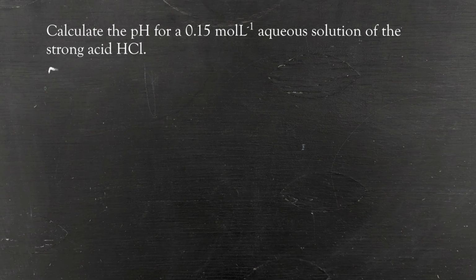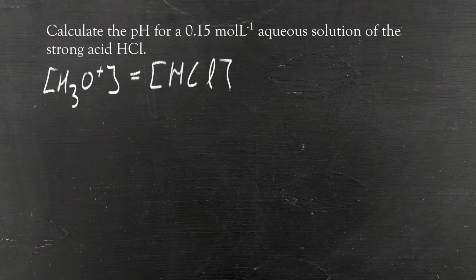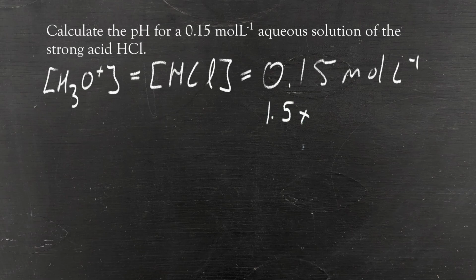So let's write that down. The concentration of H3O plus is equal to the concentration of HCl, which we are told is 0.15 moles per liter. If we were to put this into standard notation, it would be 1.5 times 10 to the -1 moles per liter.